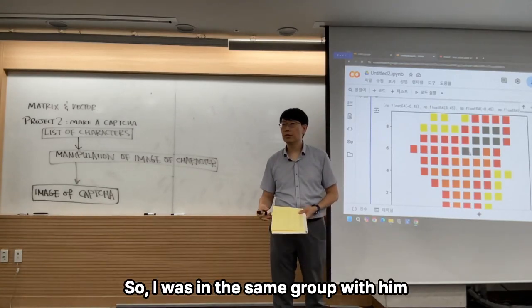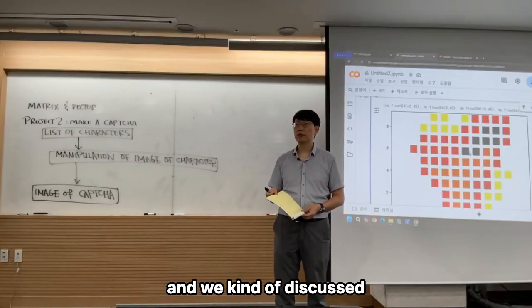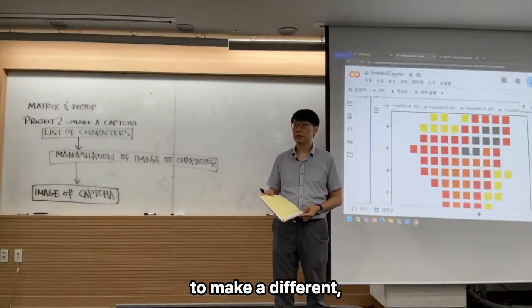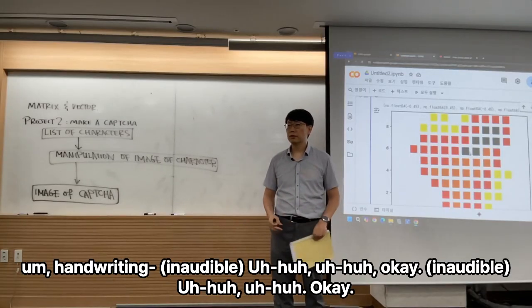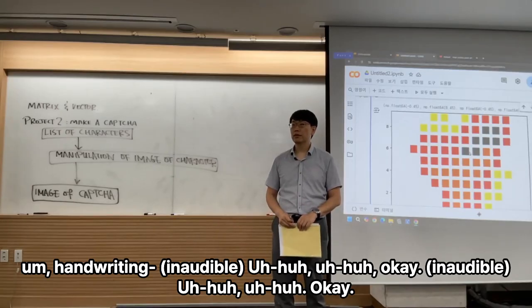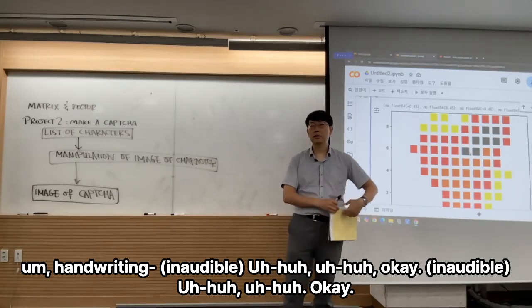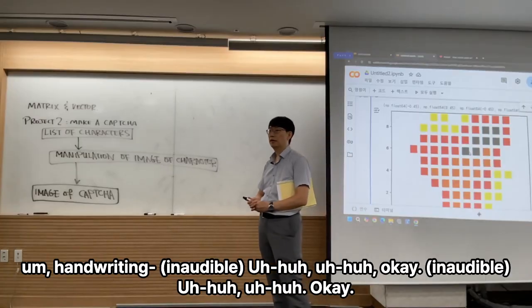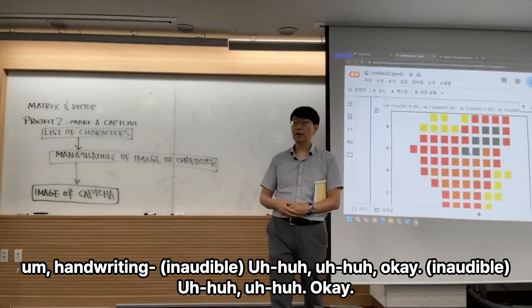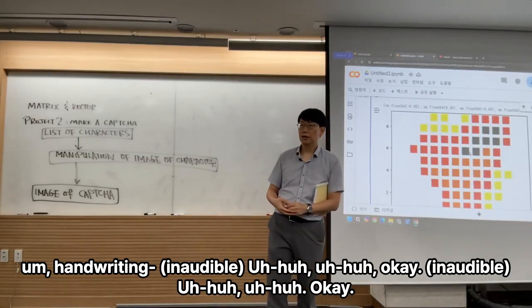Yes. So I was in the same group with them. We kind of discussed to make a different handwritten version for each number. Okay. Actually, write one in different ways, right? Okay.